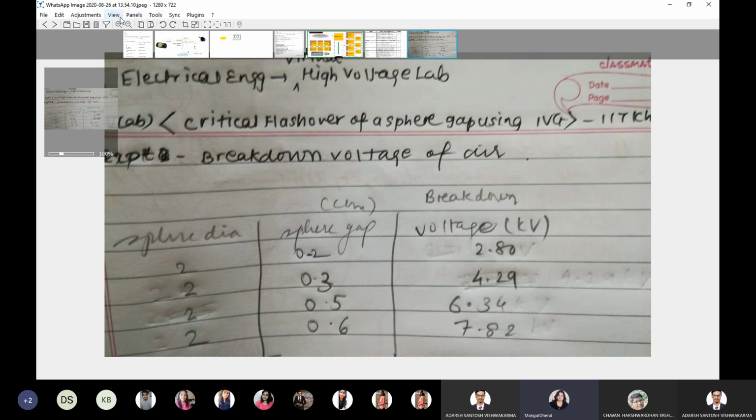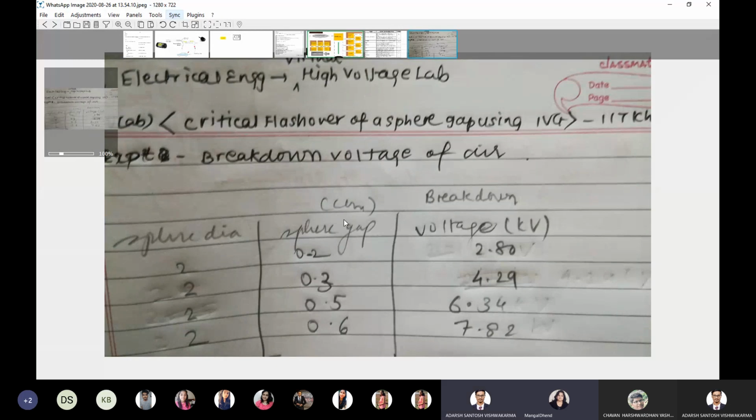If you vary smoothly with a variac, there will be a little difference between this 2.8 kilovolt and the average you will take. But here the virtual lab is only allowing you to increase voltage in steps. So you will get 2.8 only, and then you can check it. Ensure that you perform 5 times for same diameter, same gap distance, and tell me what happens.